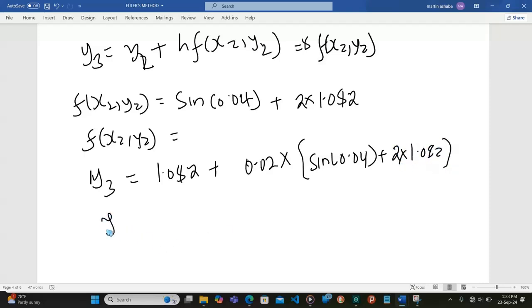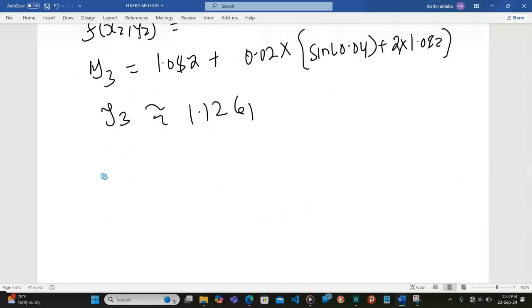So we find that our y3 is approximately equal to 1.1261. So finally, we have y4, which is now y3 plus h f of x3, y3.